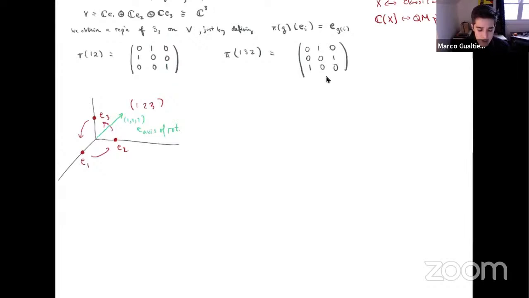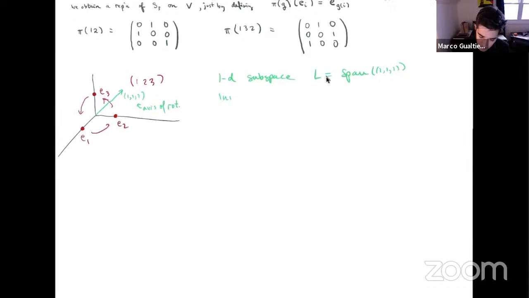But actually, you can see very easily that this vector is sent to itself by all group elements, and any permutation, right, if you permute 1, 1, 1 however you want, you're always going to get 1, 1, 1. So this is a one-dimensional subspace, which is the span of the vector 1, 1, 1, which is invariant under S3, under this group.